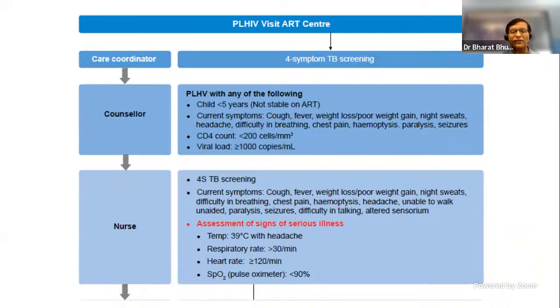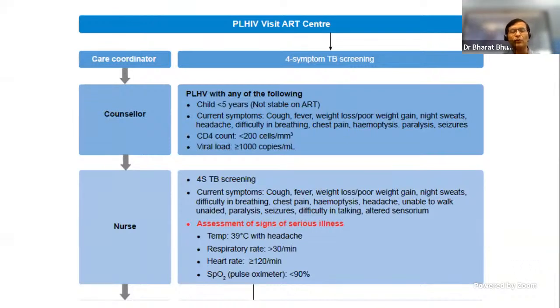These are the typical 4 symptom screening for tuberculosis, but also additionally ask for headache, difficulty in breathing, chest pain, hemoptysis, paralysis, or seizures. Basically, we are trying to look at stage 4 diseases: by headache we are trying to rule out cryptococcal meningitis, paralysis and seizure toxoplasmosis, chest pain, or CD4 count less than 200 or viral load more than 1000.